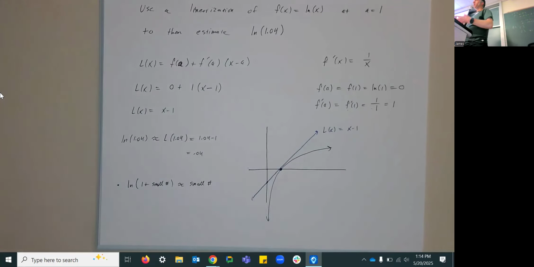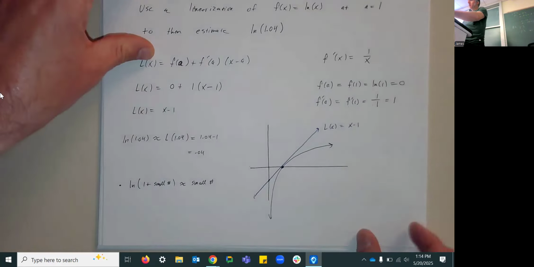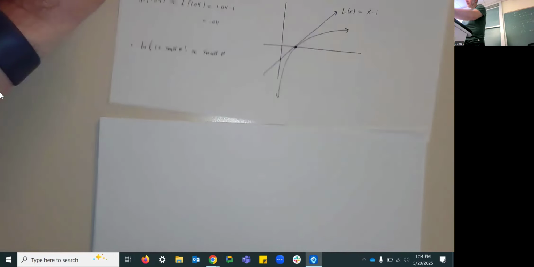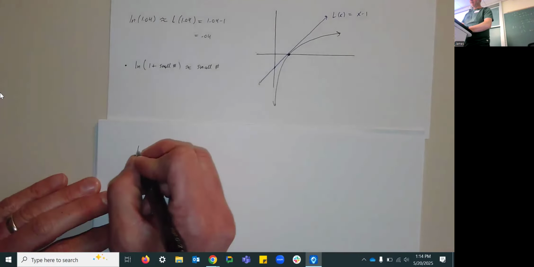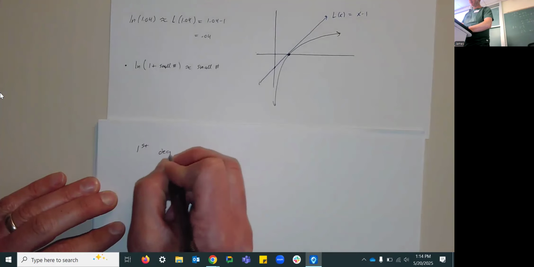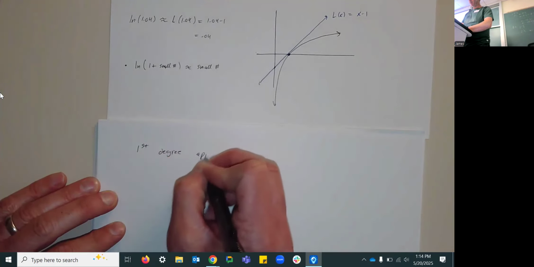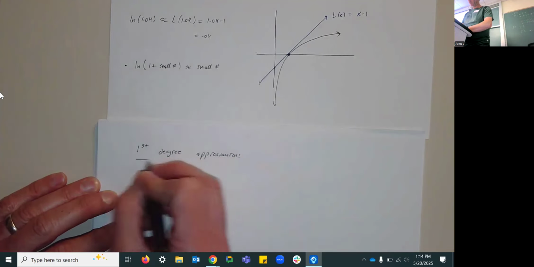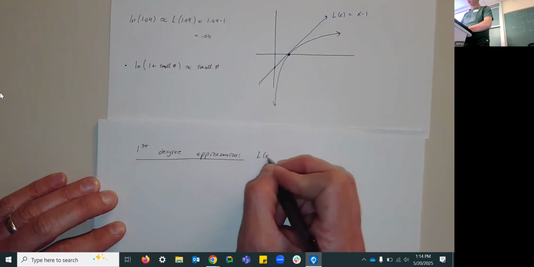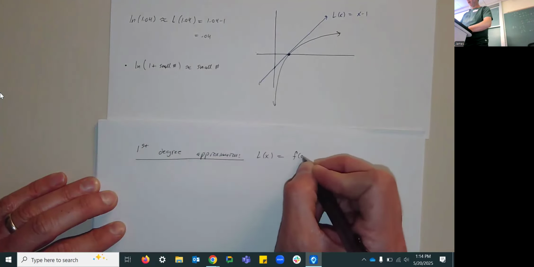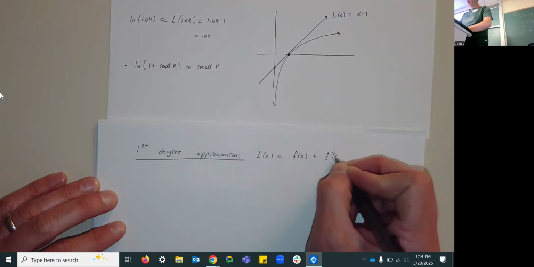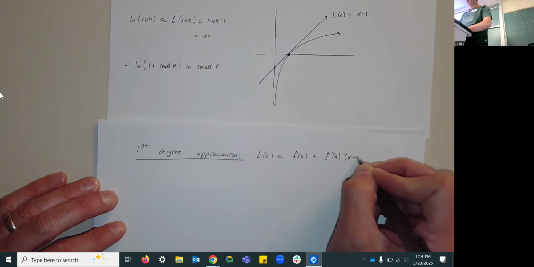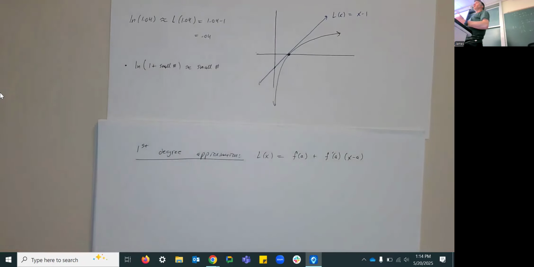So there's this theorem that says, well, instead of using a first degree approximation, which is what we just used, right? And our linearization was just our f of a plus f prime of a times x minus a. You can actually extend this to any degree you want.